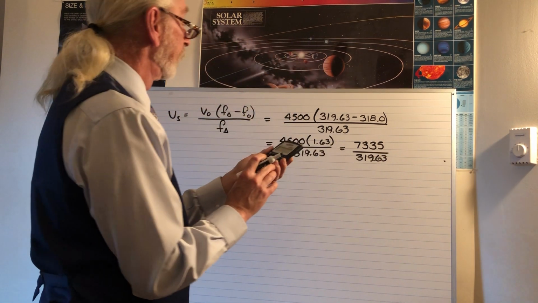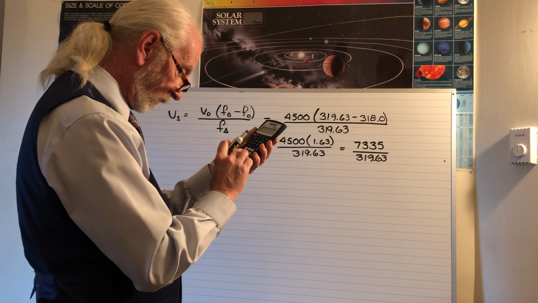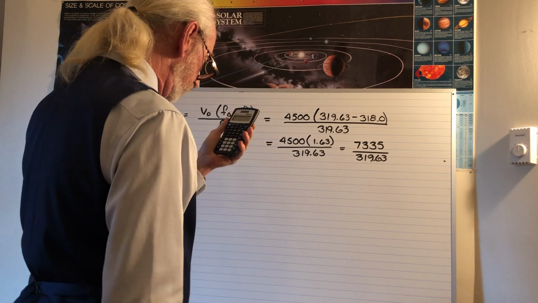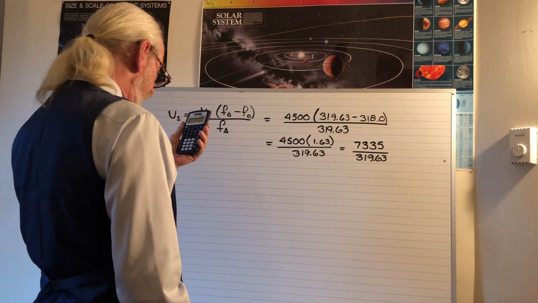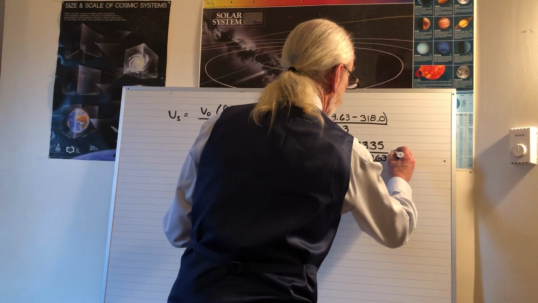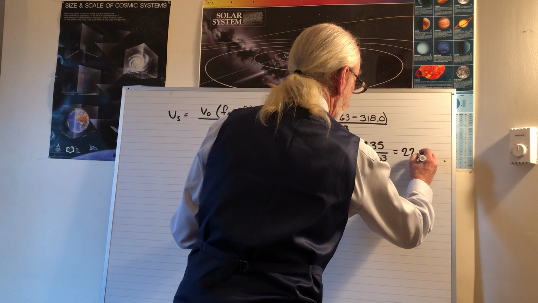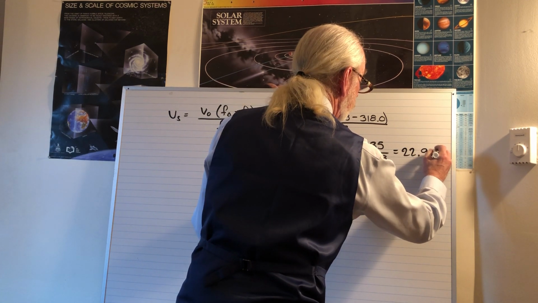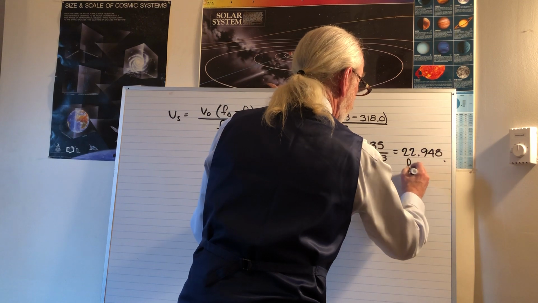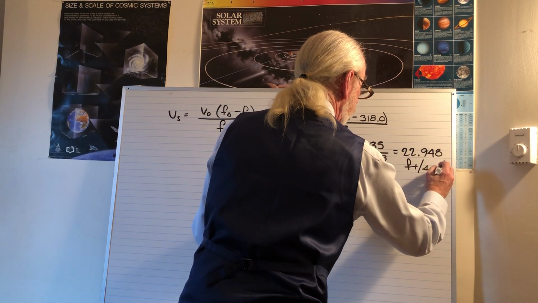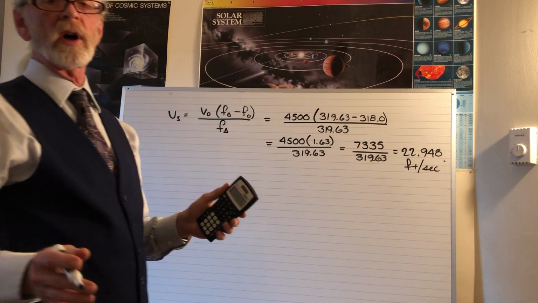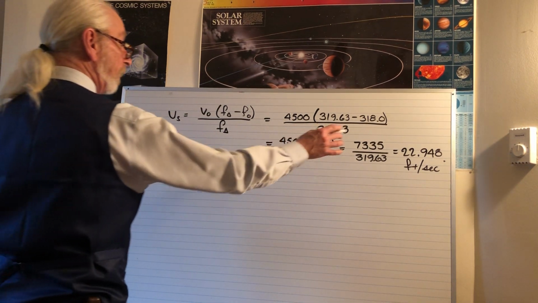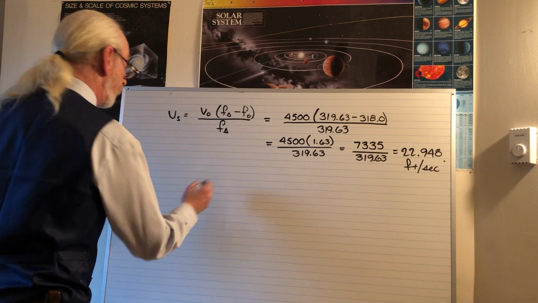We'll divide that by 319.63. I got 22.948 feet per second. Okay, now we're going to turn that into nautical miles per hour, or knots. So I'm going to round that to an even 23 feet per second.